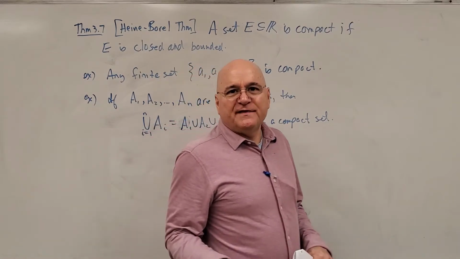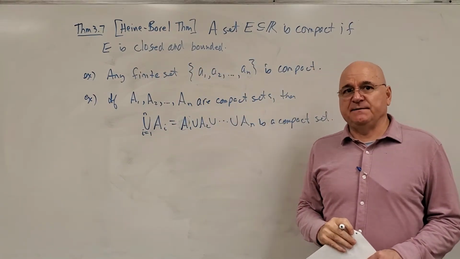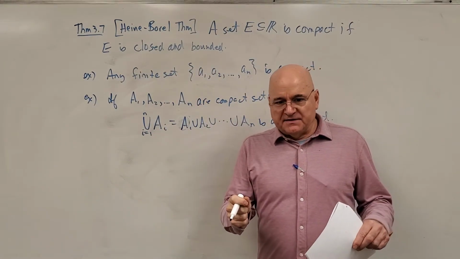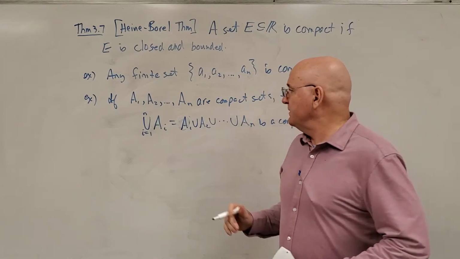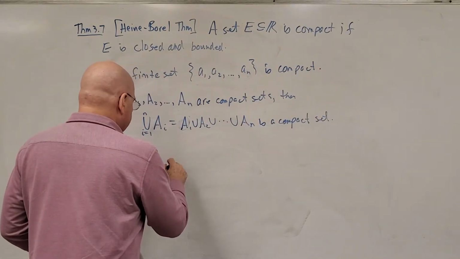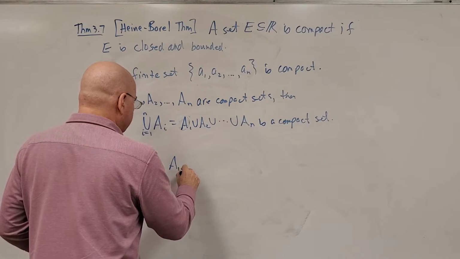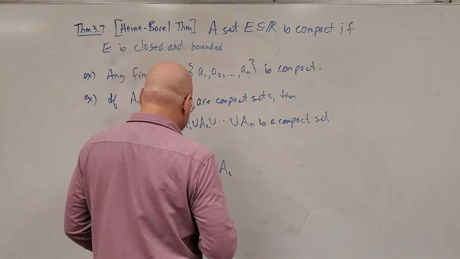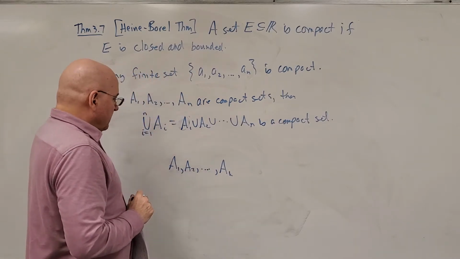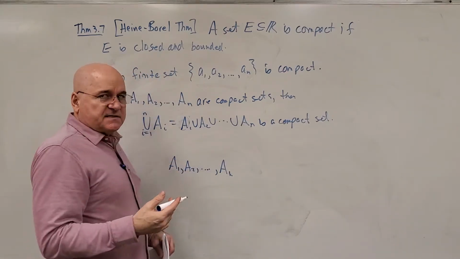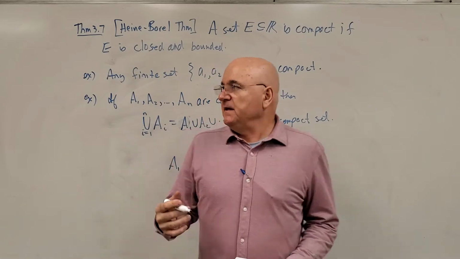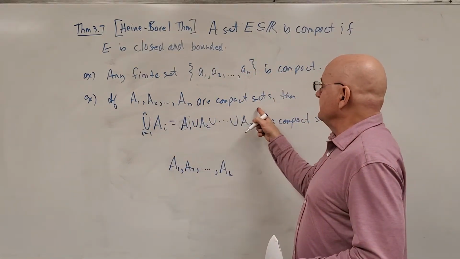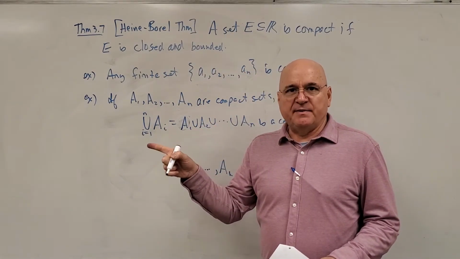Well, how are you going to prove that? It's really quite easy. Go back in your notes and pull out the mathematical induction proof. Let's say that we have A1, A2, up to AK. First of all, the base case would be trivial. If you have one compact set, it's a compact set.